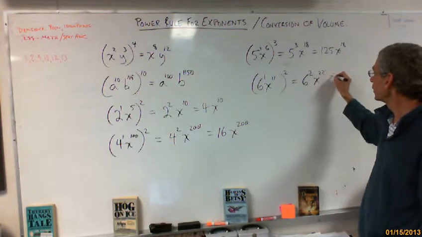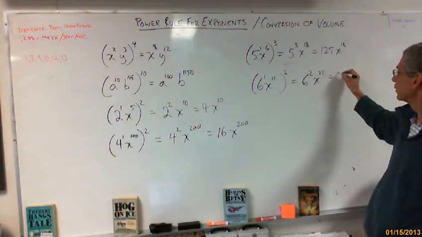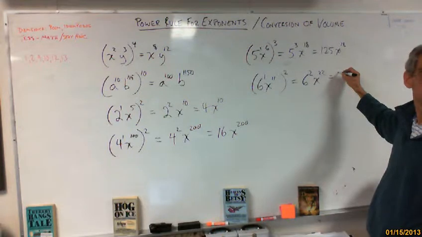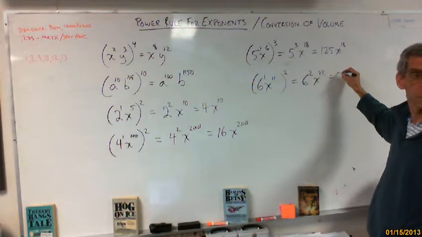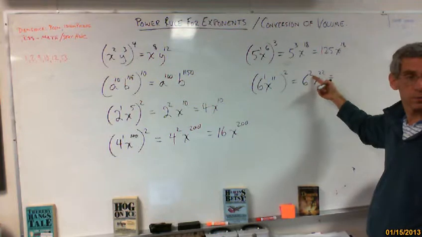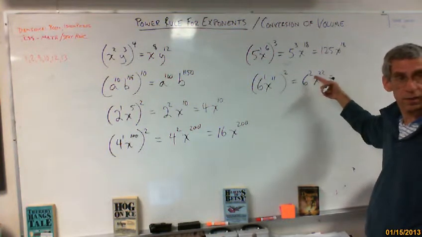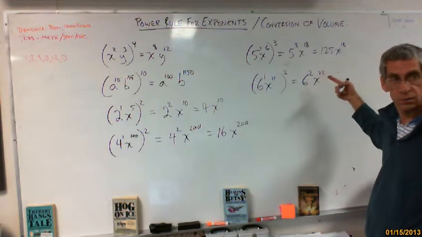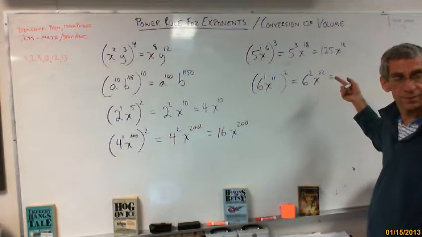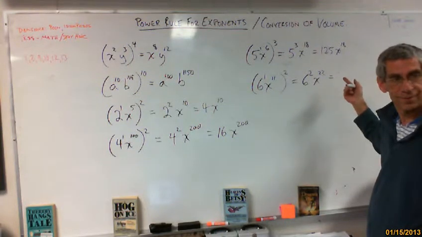And what's that final answer? What does an exponent mean? 6 times 6. That's 6 plus 6. Oh. 36.